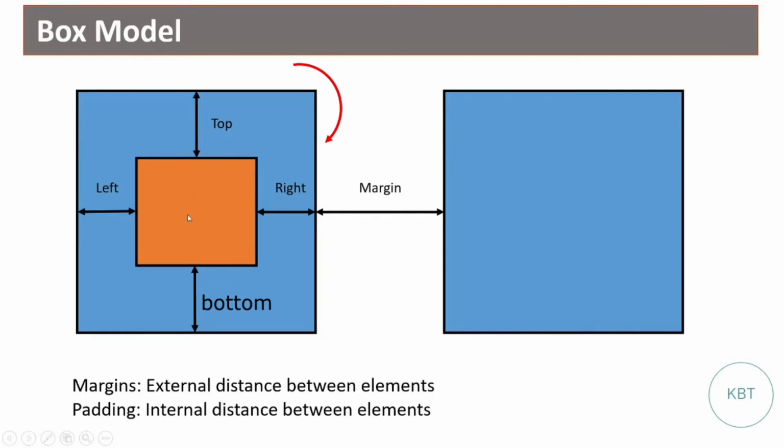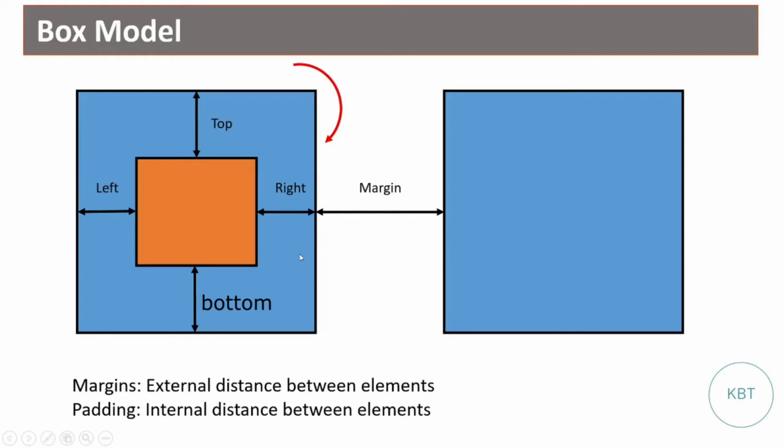Now the same thing is appearing here. However, I also have this box inside this big box. So this is a small box and this is a big box. This is the internal distance between the small box and the big box. So this is the top of it, and this has to do with the padding. The internal distance is referred to as padding, and the external distance between two elements is referred to as the margin.